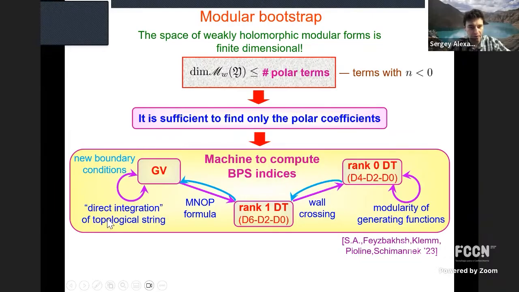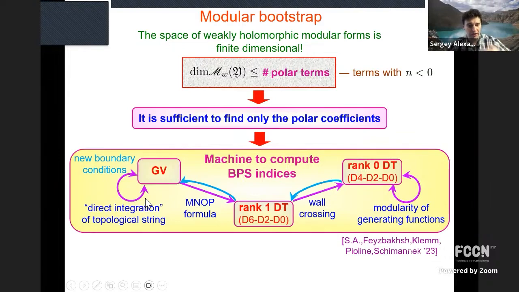So we started with the topological string theory defined on our Calabi-Yau manifold, and as you know, the partition function of this theory is captured by Gopakumar-Vafa invariants. So if you know this partition function, you know these GV invariants.